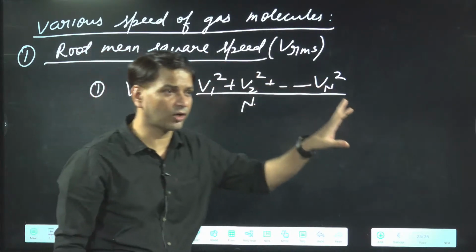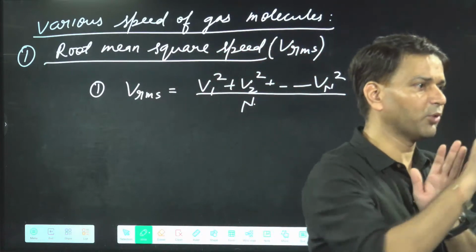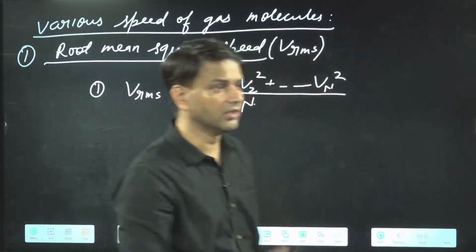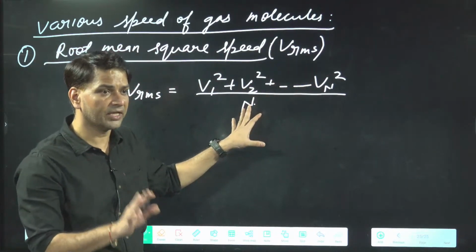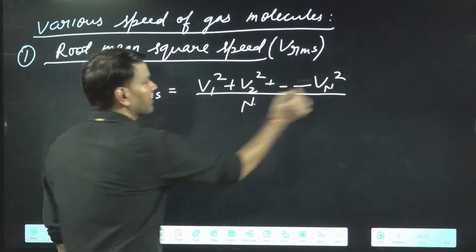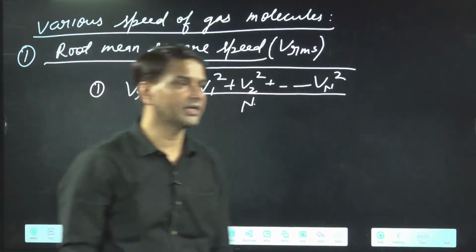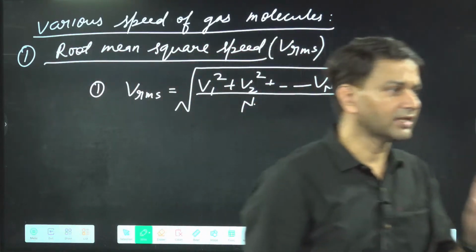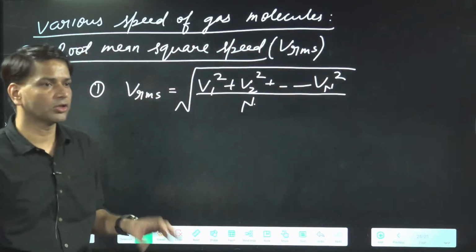I have taken the square of all velocities, then I took the mean, that is the summation divided by the total number N. So that is the mean square velocity. And to define the VRMS, I take the root of this. This is the meaning of the root mean square velocity. Everybody got it or not?